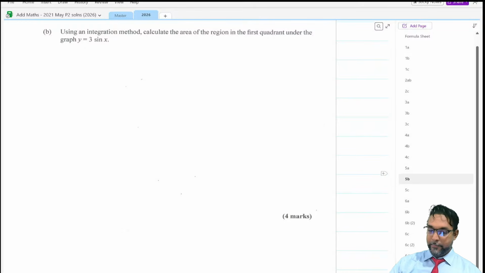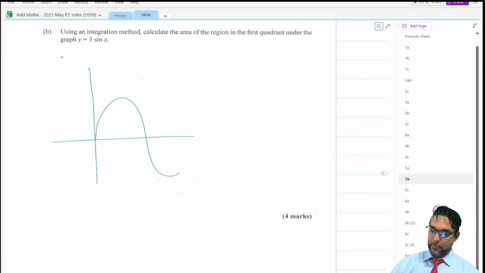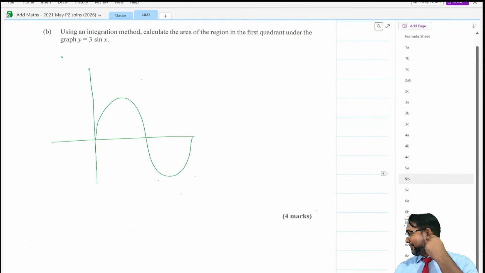Wait, sir, I'm gonna integrate, for the first quadrant, is that referring to the sine curve? Yep. Right, so it passes through the axis at 180, which is pi, right?